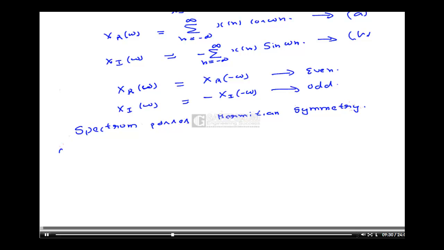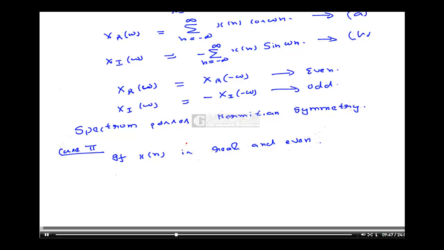Next we will see case 2. If x[n] is real and even.